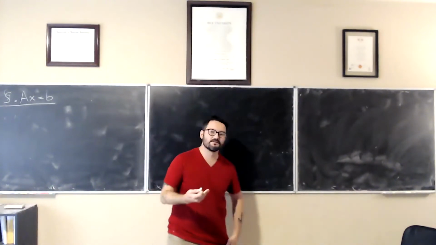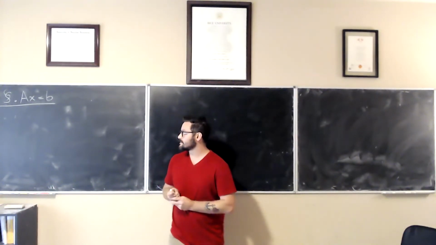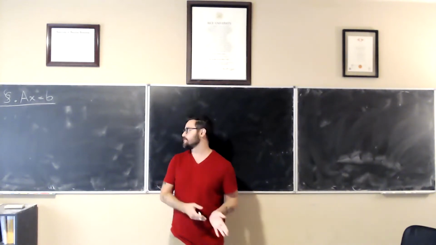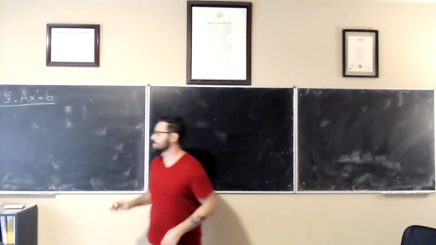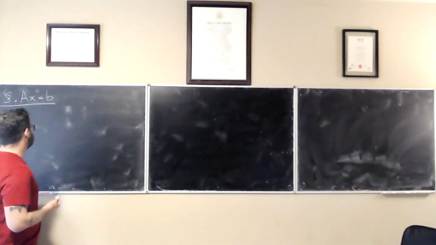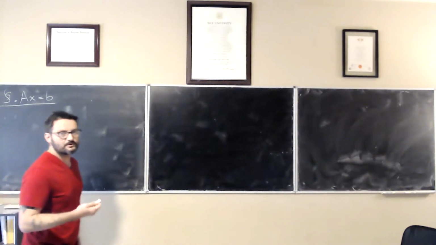In a standard linear algebra course, even an advanced one, half the time is devoted to considering that equation. And we're going to start today's lecture by looking at a very simple form of that equation.